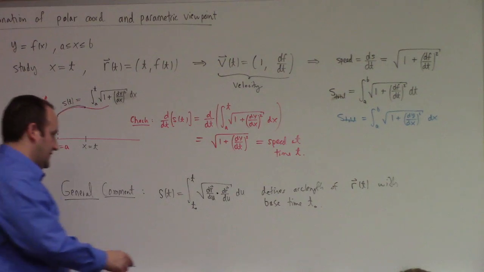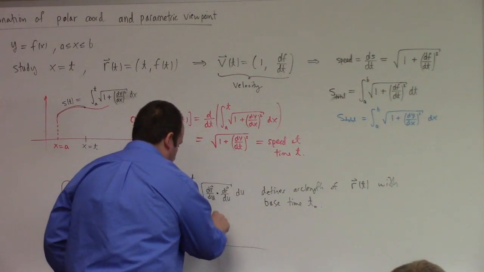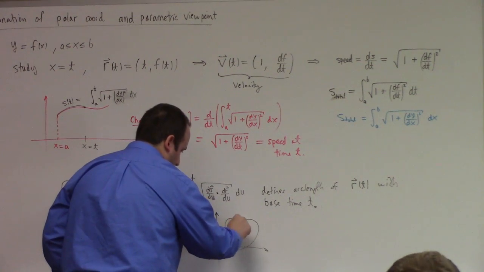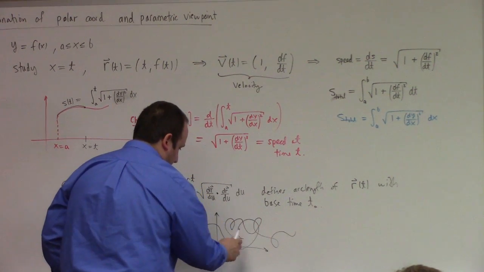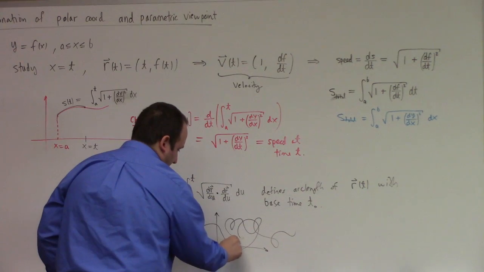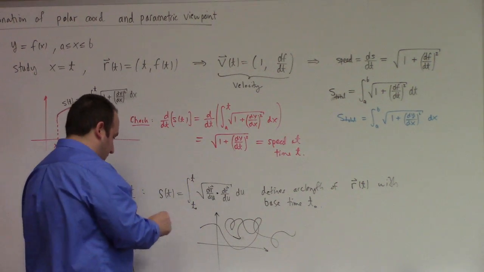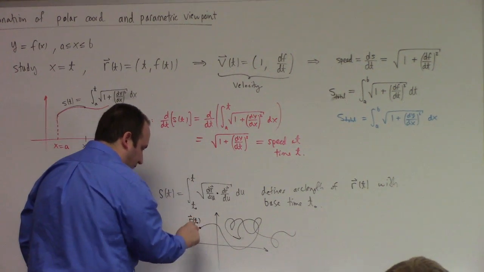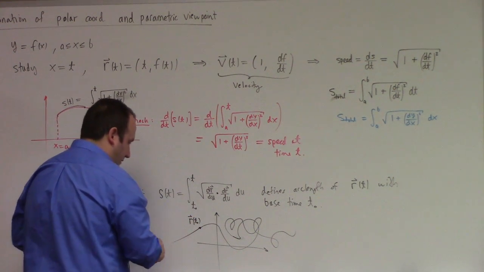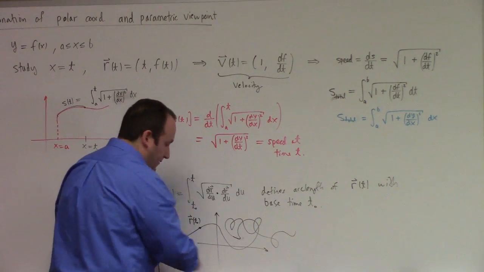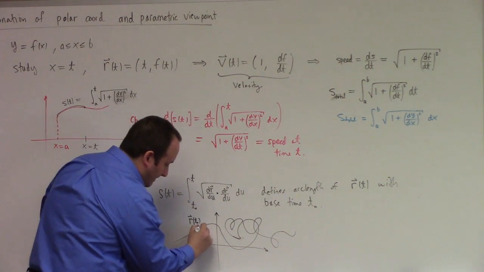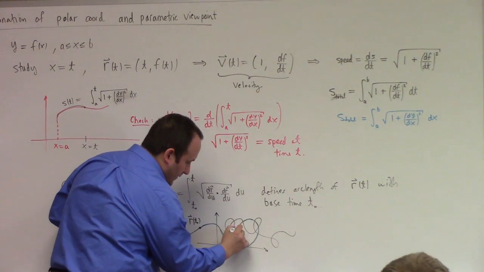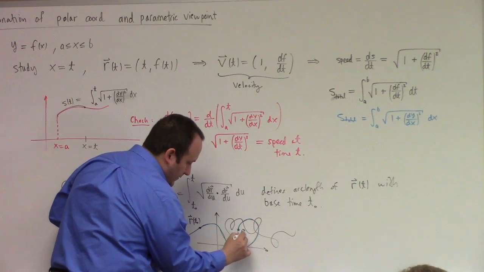Here's a picture of what's going on. You've got some parametric curve, hopefully a smooth one. There's some particular point that you're starting at, r of t naught, or it could be in the middle. And then s of t will give you the arc length of the curve up to r of t.